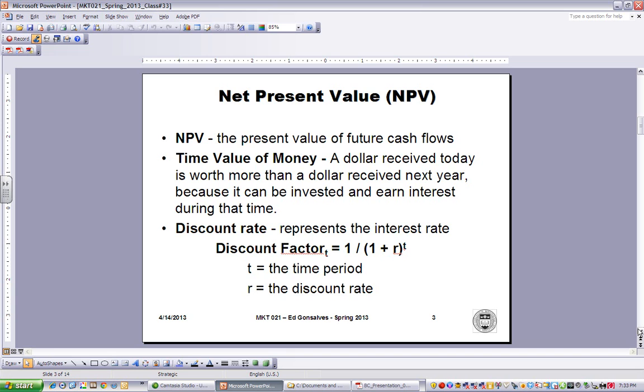So a dollar that you get today is worth more than a dollar next year, and that's a function of many things. One in particular is the amount of investment and earned interest, or rate of return, that you can have over that time. So if you have a dollar today, all things being equal, and you properly manage your money, that dollar should be worth more to you in 3 years.